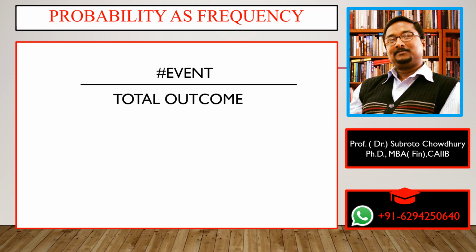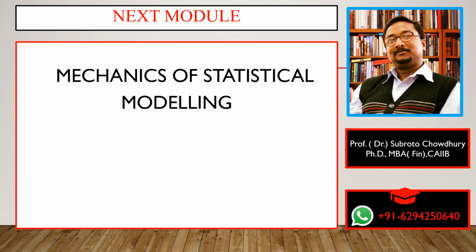There is one more thing that we should also understand, that probability is also defined as a frequency. It is a very simple representation: the total number of outcomes of an experiment and the number of times that the event we are interested in is coming is given by this formula, when we take the frequency approach of probability.